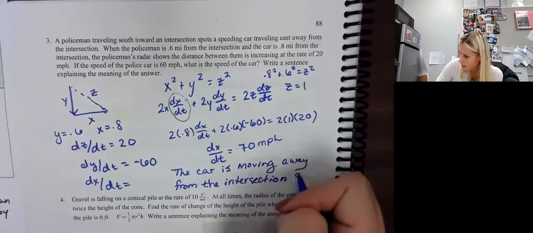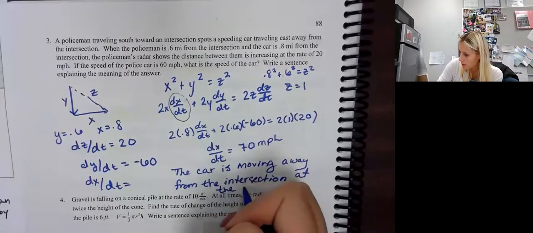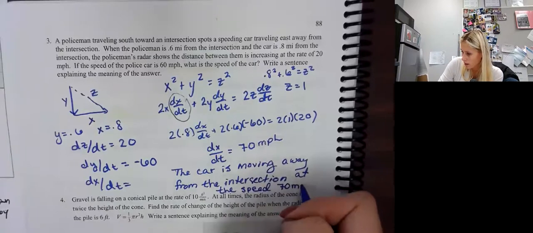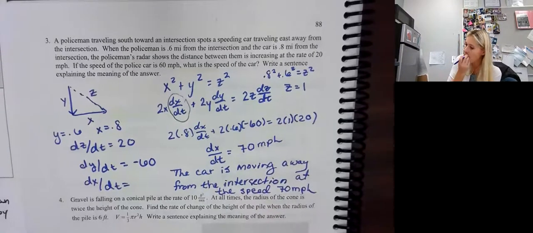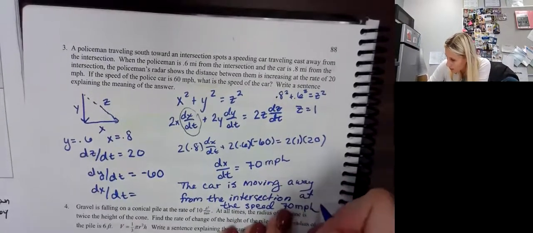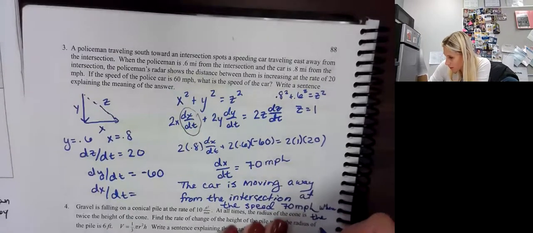At the speed (70 miles per hour) when I'm running in a room, the police car is 0.6.